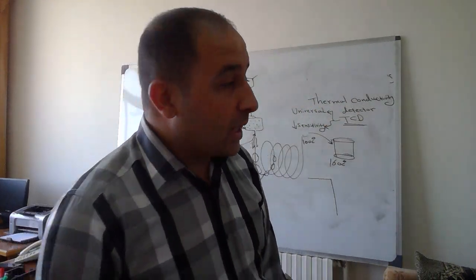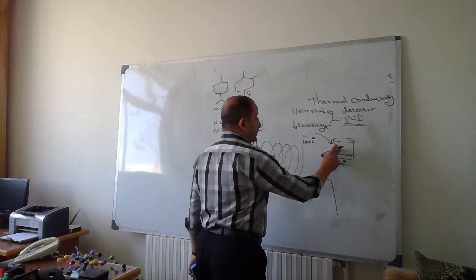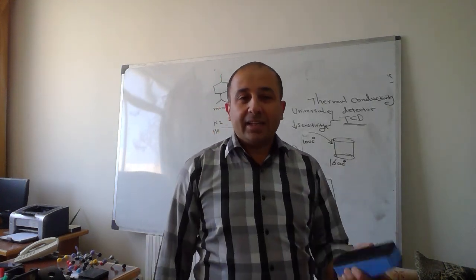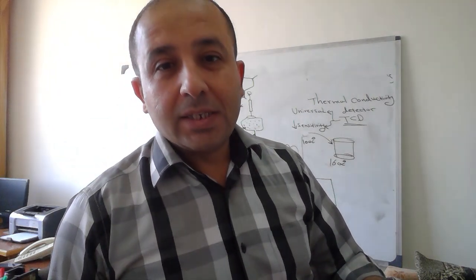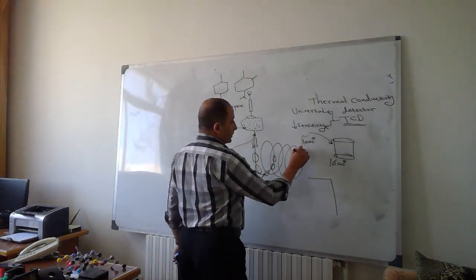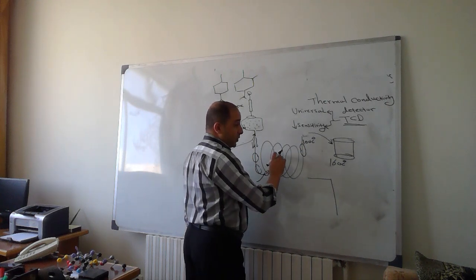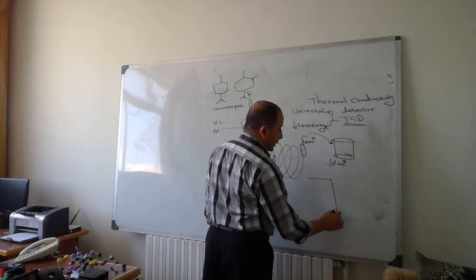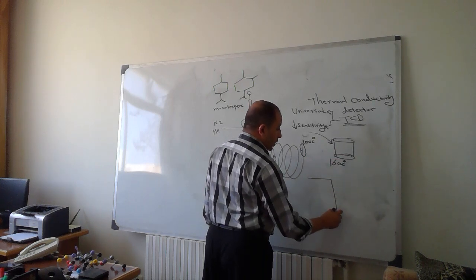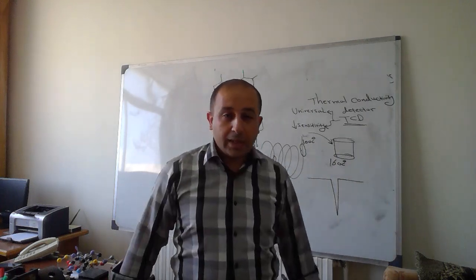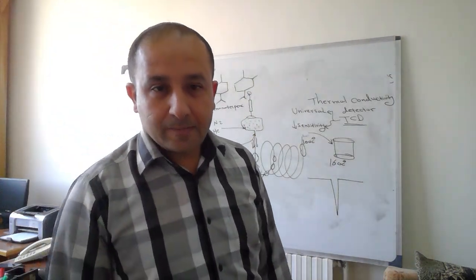Now the thermostat of the detector will try to compensate the original set temperature. So the cloud of analyte will be diminished after a certain time, and the thermostat will restore the original temperature, which is in our example 160.